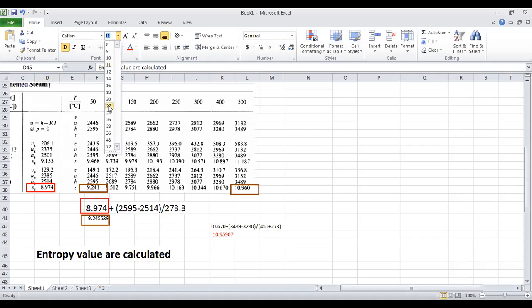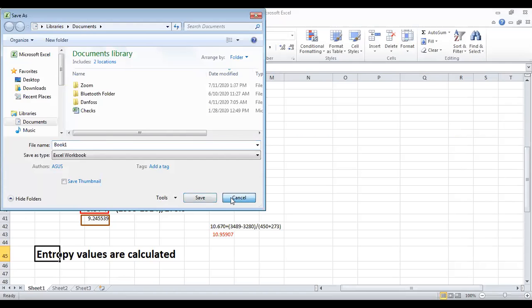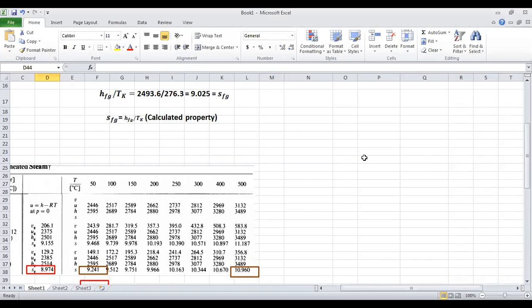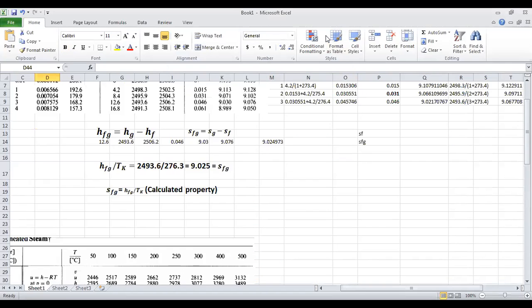And entropy values are calculated, and you can generate this value. So in the table, you should know how to generate these values. Okay, yeah, that is very important.